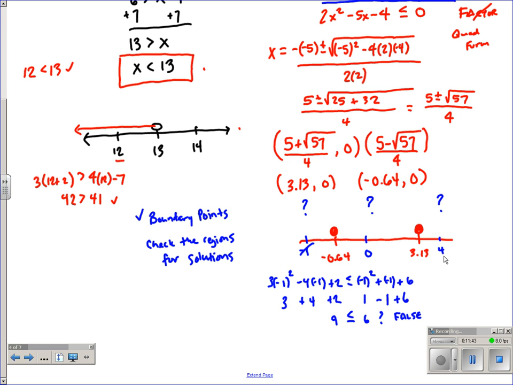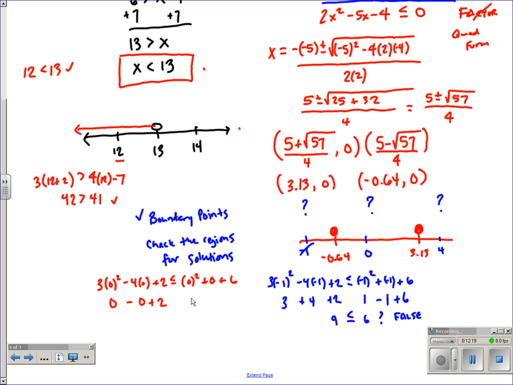But chances are then that 4 is probably not going to work either, but let's try 0 first. So for 0, we've got 3 times 0 squared minus 4 times 0 plus 2 is going to be less than or equal to 0 squared plus 0 plus 6. 0 squared is 0 times 3 is 0, then we have 0 minus 0 plus 2.